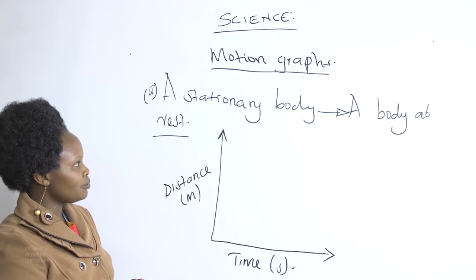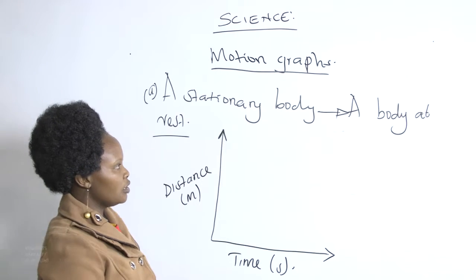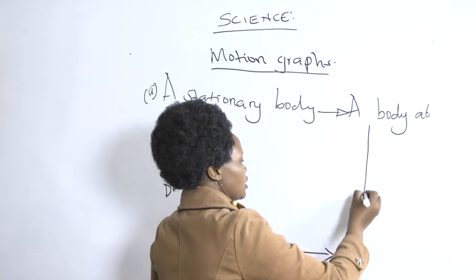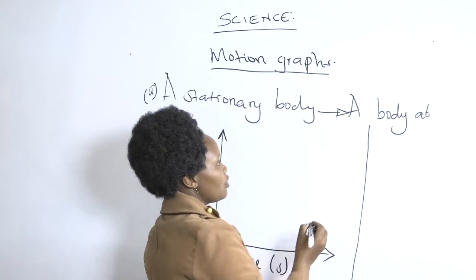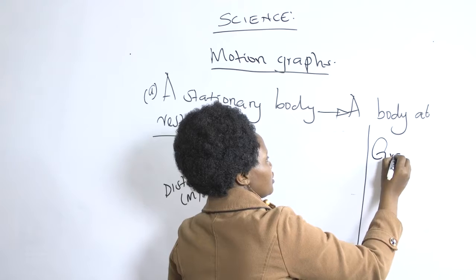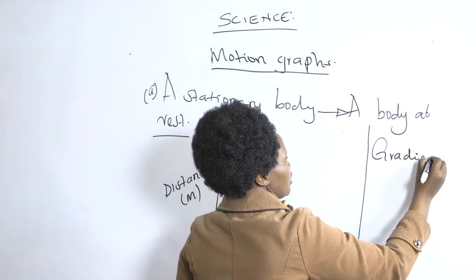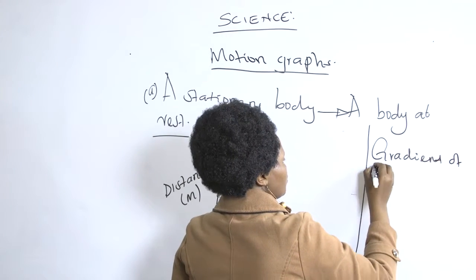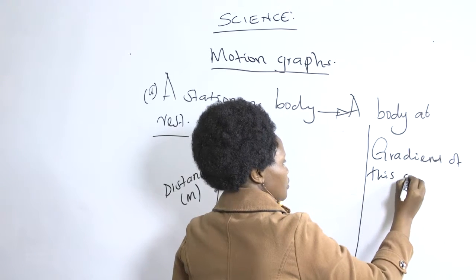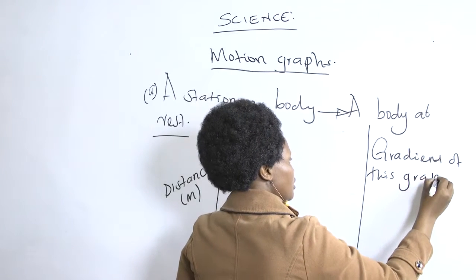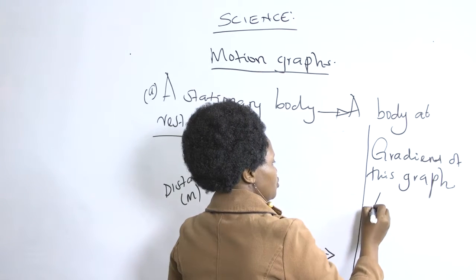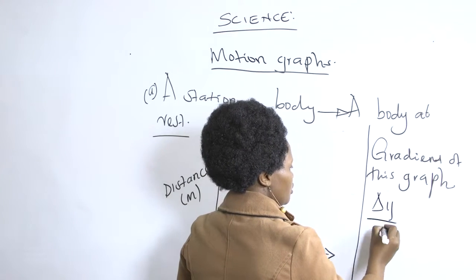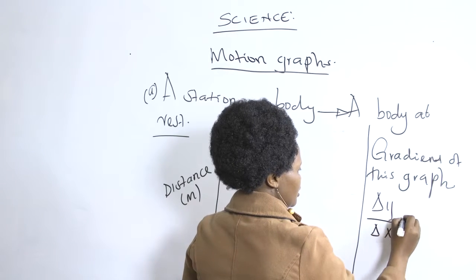Now, before we even look at how the graph is going to look, let us consider the gradient of this graph. The gradient is given by change in y over change in x.